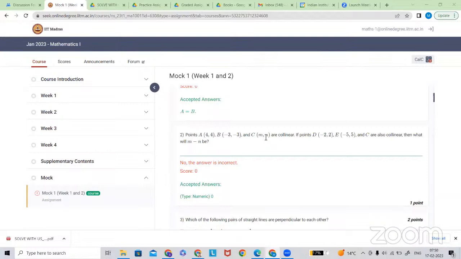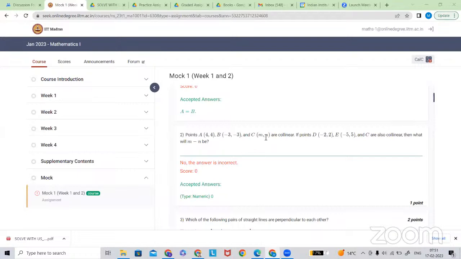I think there is no issue with that. Maybe he is making a calculation mistake. Otherwise, these points are collinear, and these lines are also collinear. So find the slope using points A and B, and find the slope using points B and C. The slope of AB will be equal to the slope of BC, and similarly the slope of line segments DE and EC.